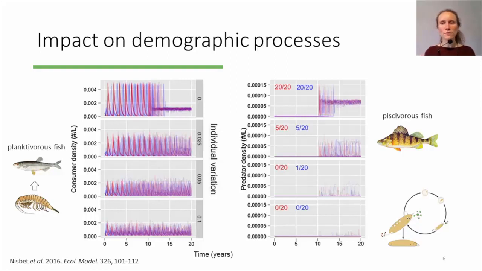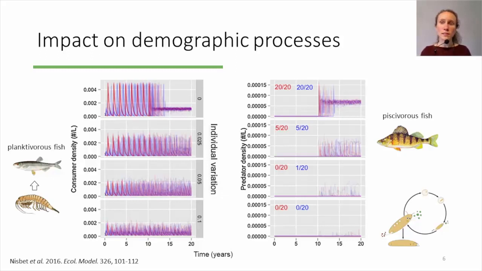Then going down on the graph, you can see what happens with increasing variation in the consumer population. So what happens is that the overall oscillations in the consumer population are lower, but they are not that impacted by the introduction of the predator anymore.